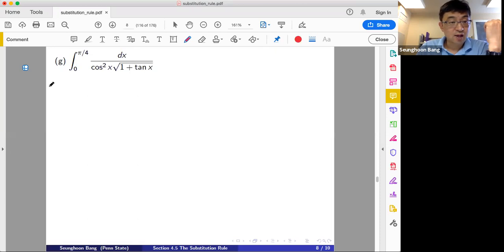What's u? Yes, good. u is the inner function, 1 plus tangent x. The square root is the outer function. We have 1 plus tangent of x is u. What's du? du is the derivative of 1 plus tangent x, dx.